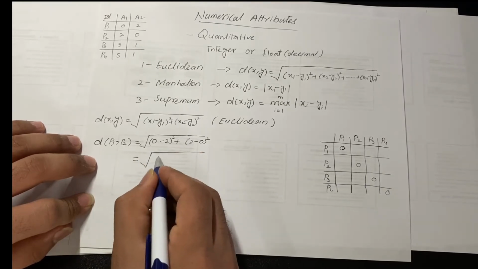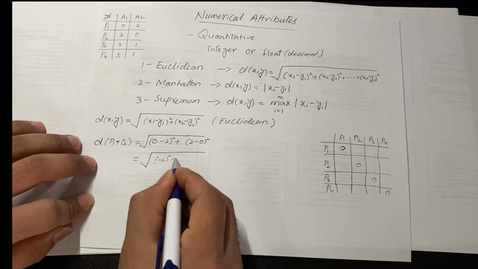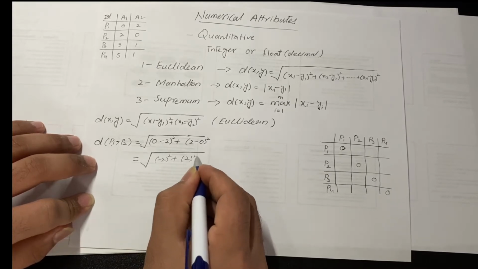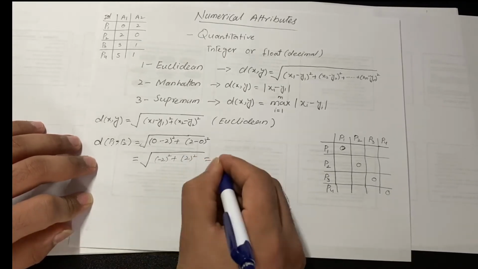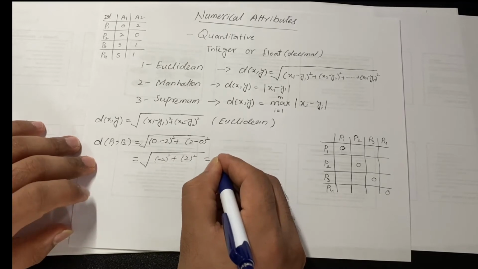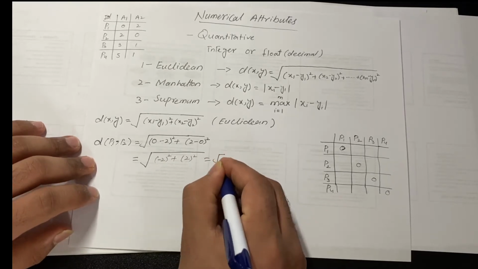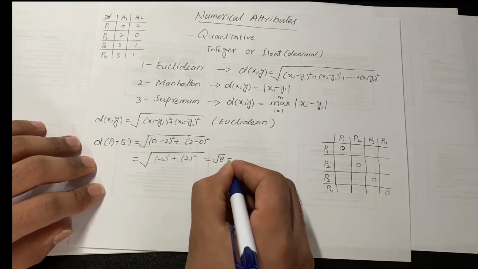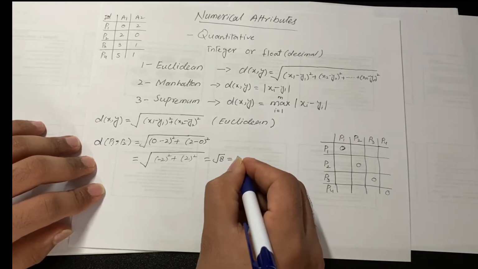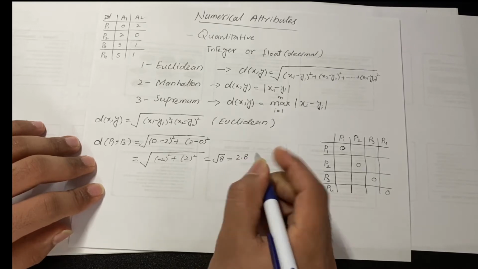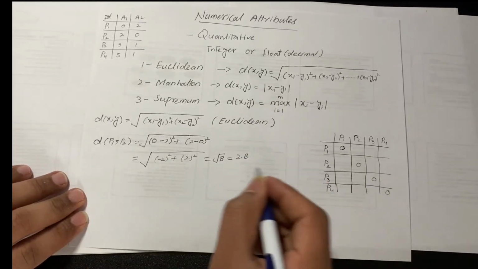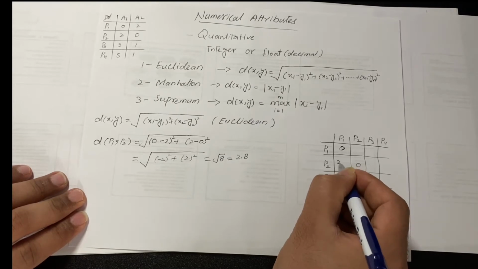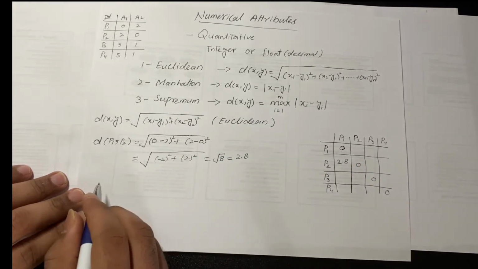So 0 minus 2, minus 2 square plus 2 square. The answer will be square root of 8, which is 2.8 something. So for P1 and P2, it is 2.8.